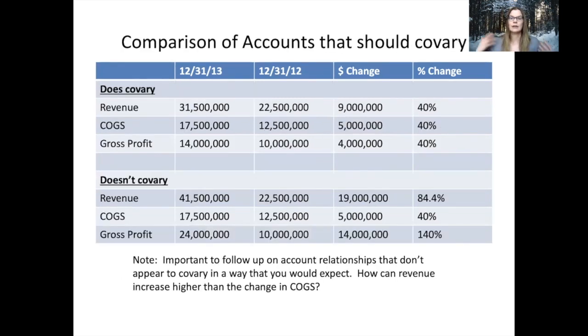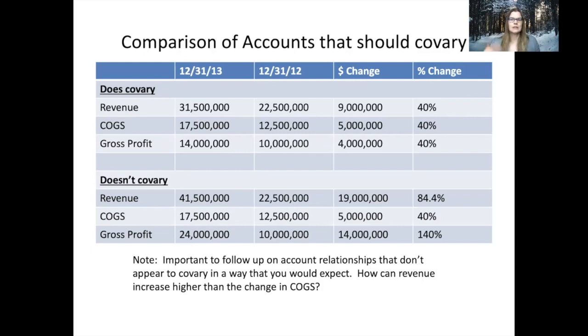Okay, another analytical procedure you would do is compare accounts that should covary. So there are certain accounts that we expect to see moving together in a normal set of financial statements. So for example, generally revenue, COGS, and gross profit are kind of moving together in the same way, right? Unless they've discovered some magical new way of cost savings or there's huge new demand for their product and they can raise the price.